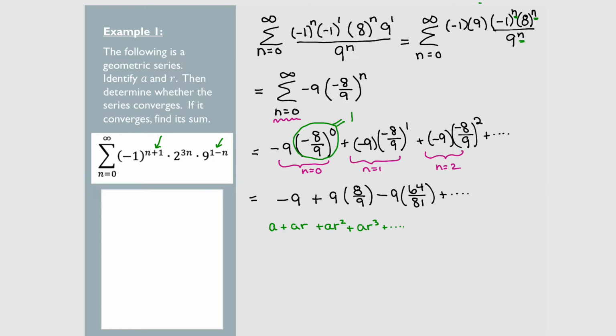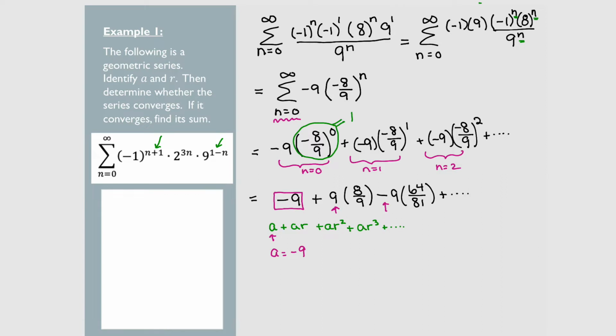And so for my problem, it's very apparent that the A term, the first term, is just negative 9. And that is getting multiplied through each term afterwards. So A is negative 9.